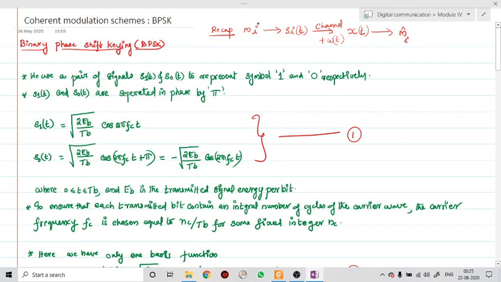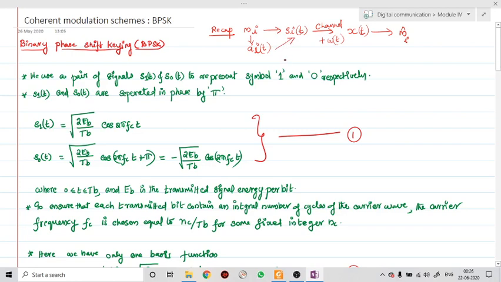In baseband transmission, MI is converted to some AI of t, a low pass signal, and then directly transmitted to the channel and received. But here this MI is converted to this, and then you modulate that to a carrier and then transmit. That's why it's called passband transmission.